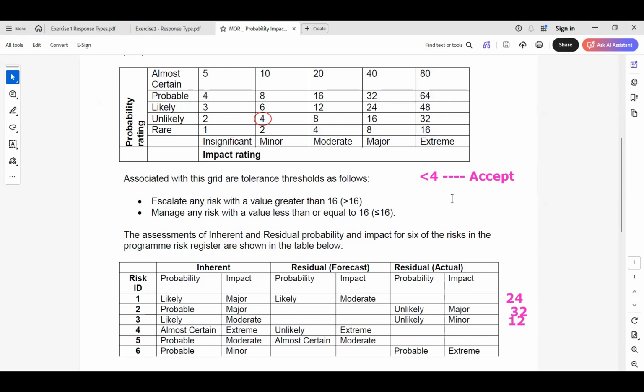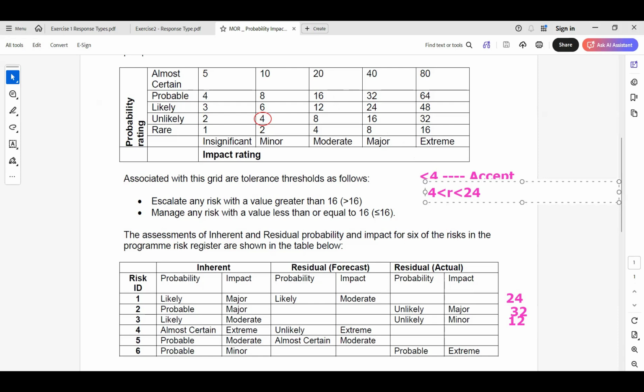Similarly, if the risk, R, stands for risk here, is greater than 4 and less than some value, let's take 16, or a slightly higher number, we can take 24, which is major and likely.